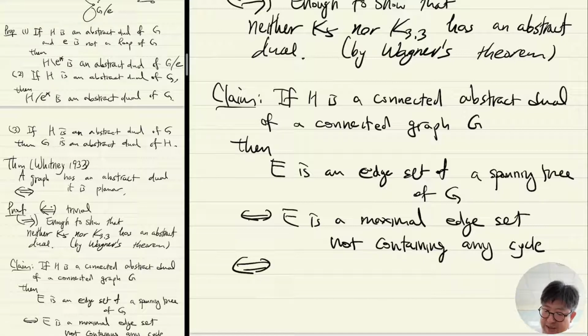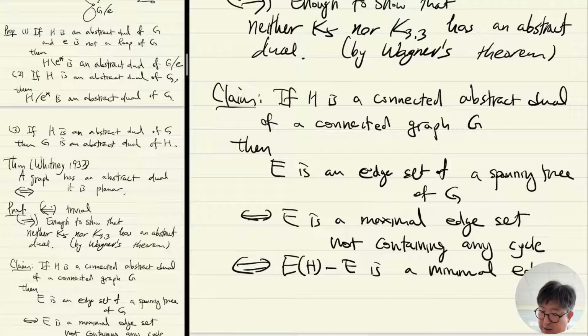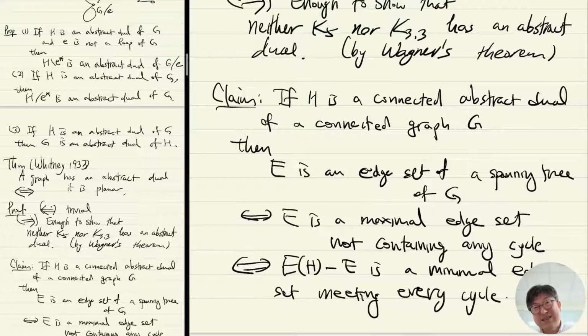What that means is, in the complement, E(H) minus E is a minimal edge set meeting every cycle, right? It intersects every cycle.